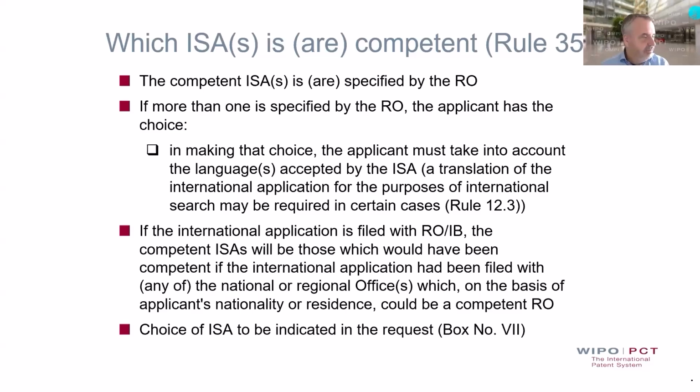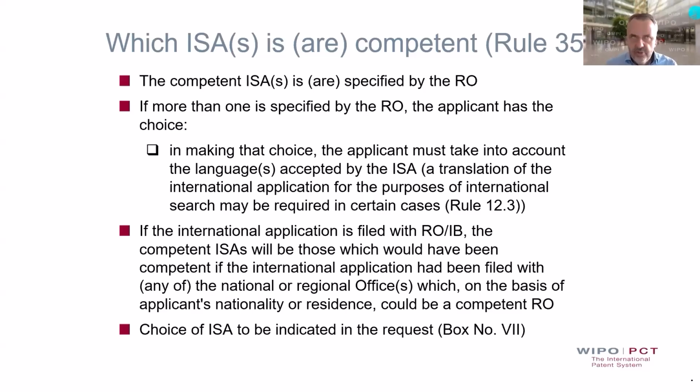Sounds complicated, but take an example: you have an application with a Japanese applicant, a US applicant, and a European applicant, and that application is filed with the ROIB, our receiving office. Then we look at Japan, the US, Europe, and maybe also the national office of wherever that European applicant is from.